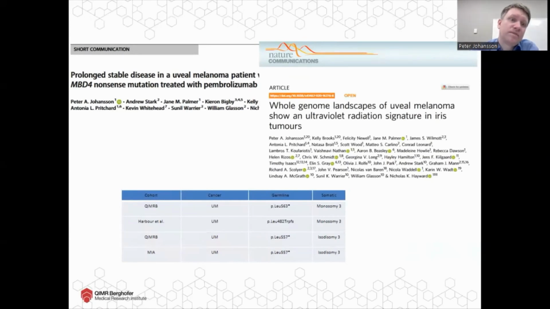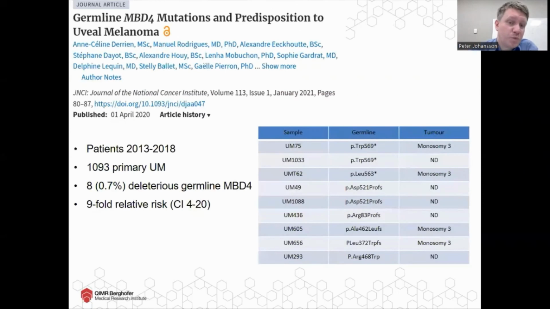Now it's starting to become a pretty large number of cases, suggesting that the mutation is predisposing to uveal melanoma. The French group looked at that properly last year, where they looked at all patients coming to their clinic between 2013 and 2018 being diagnosed with primary uveal melanoma.